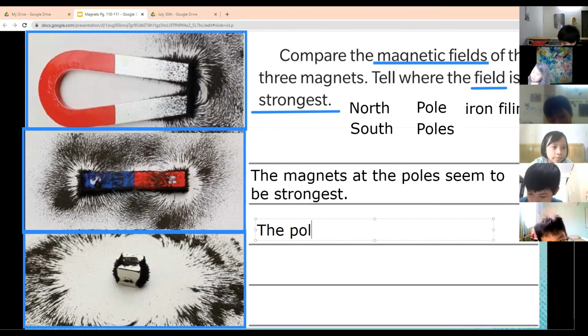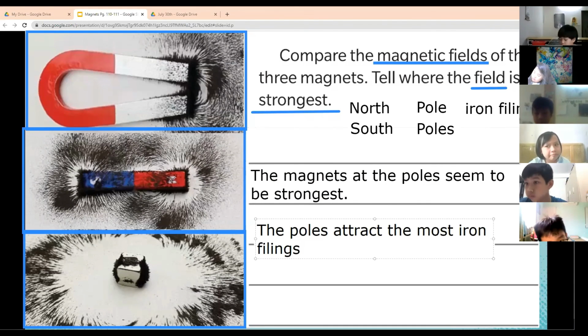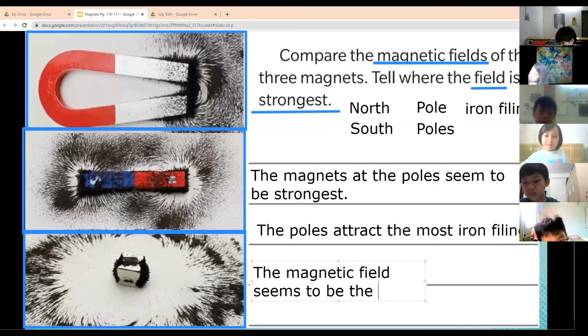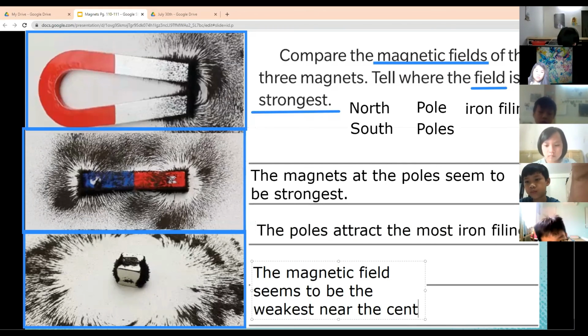The poles attract the most iron filings. The magnetic field seems to be the weakest near the center of the magnet.